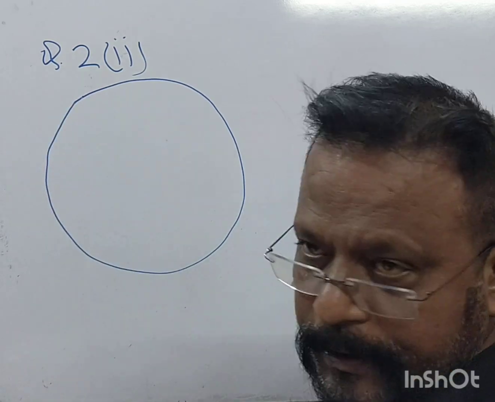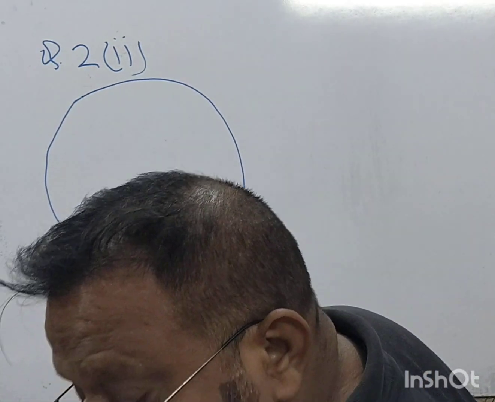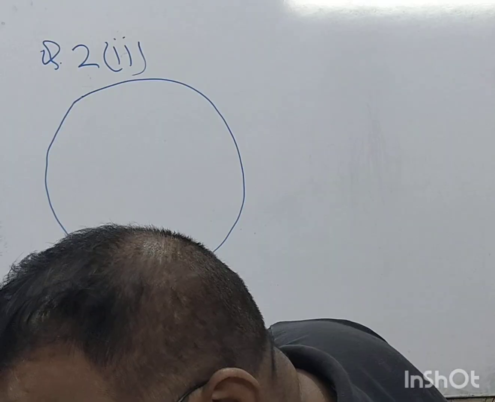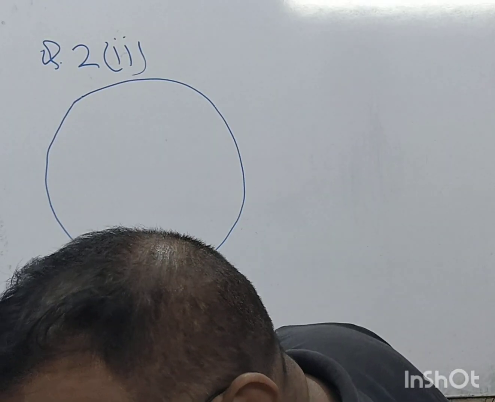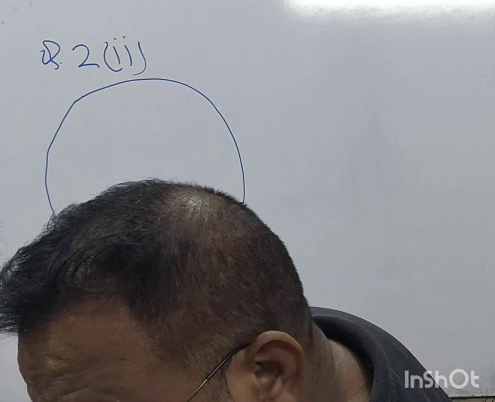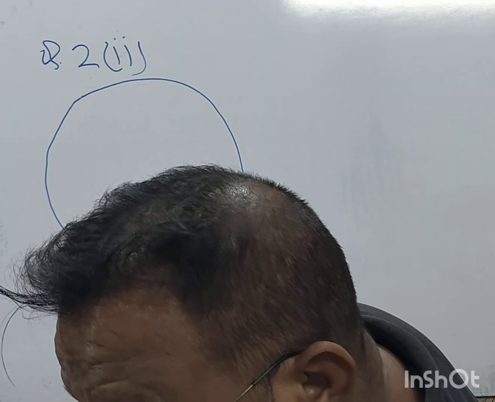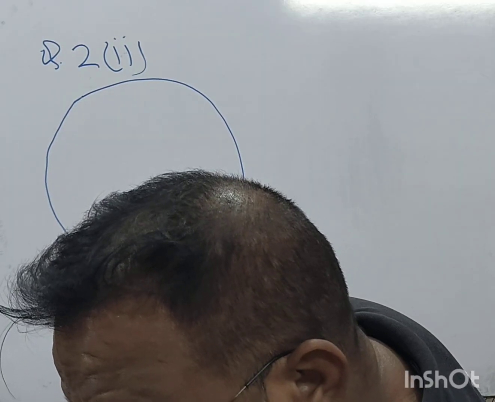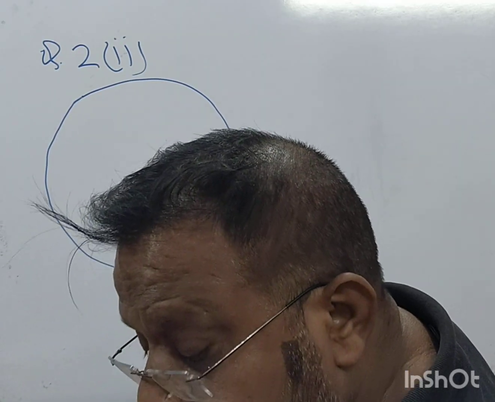Wait. This is a circle, and this is the diameter. What is written there? CA. This is B C D E. A B C D. Okay.